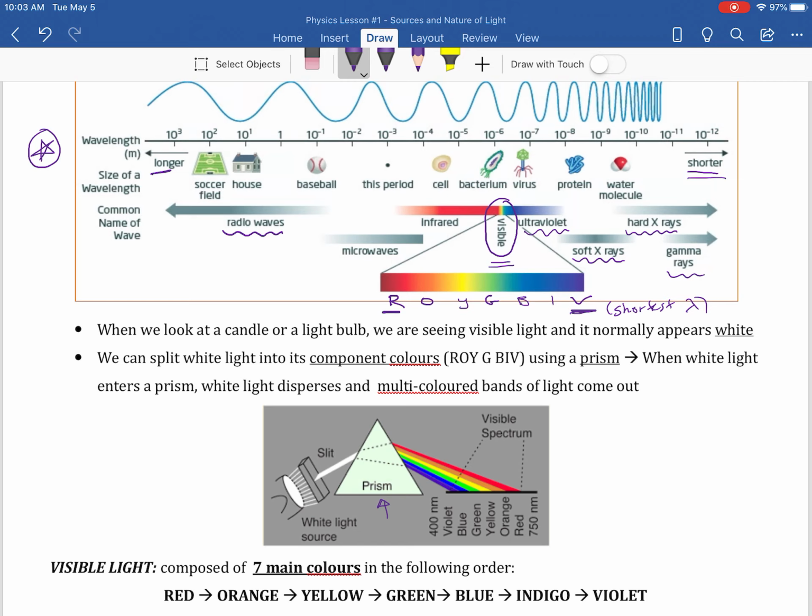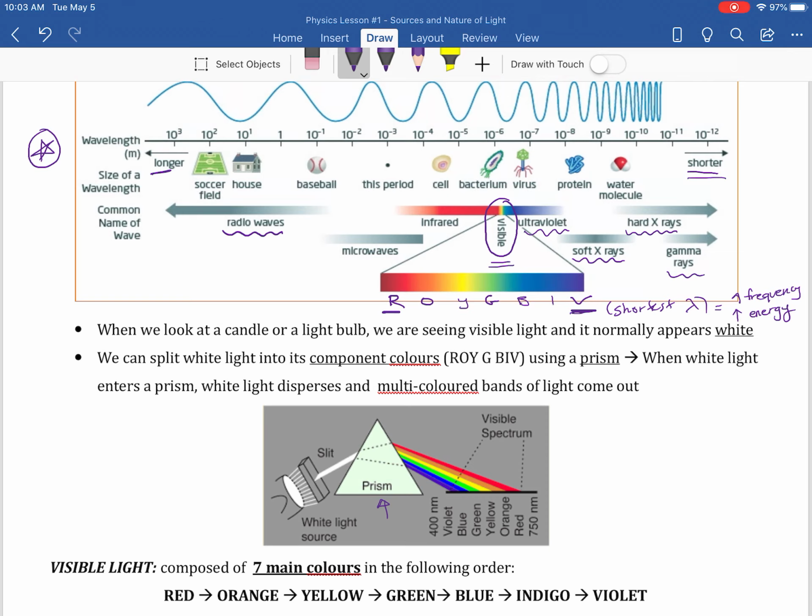As you can see, the violet and the ultraviolet is on the shorter end of the electromagnetic scale, but the shortest wavelength has the highest frequency and also the highest energy.